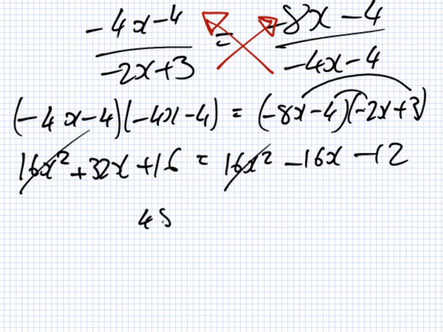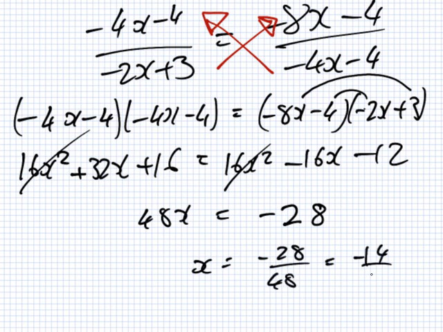I get 48x equals minus 48. No, what? Sorry, I was doing so well. 48x equals minus 28. That's okay. So we get x equals minus 28 over 48, which is minus 14 over 24. Minus 7 over 12 is the x then.